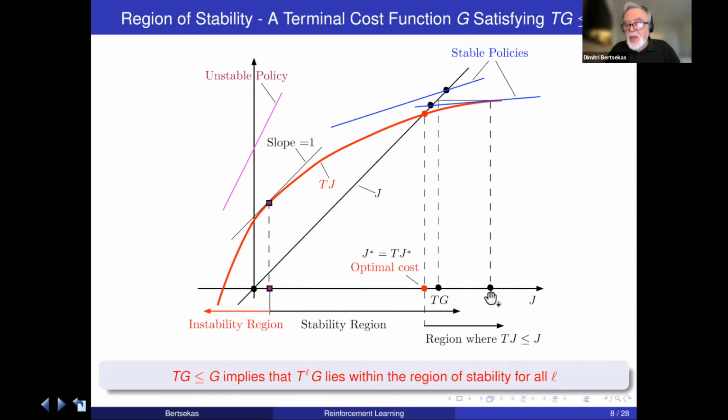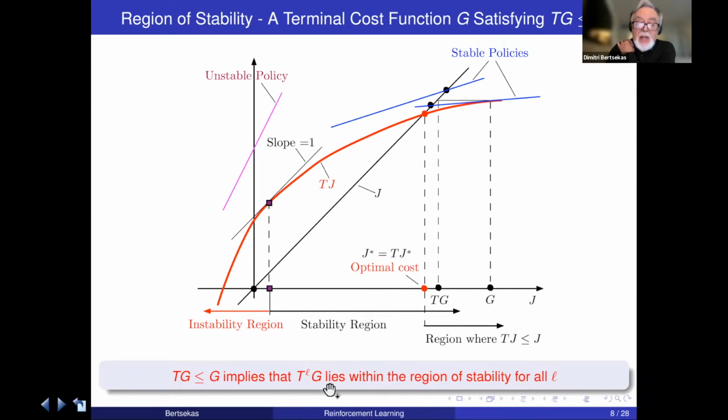If you pick G within this region, then what is the one-step look-ahead minimization policy? We go up here, we find the tangent policy, and the cost function of that policy is bounded above by G. And given that G is finite for all x, the same is true for the one-step look-ahead policy, so it is stable. All of these points here satisfy G greater or equal to T G, and also give you stable one-step look-ahead policies.